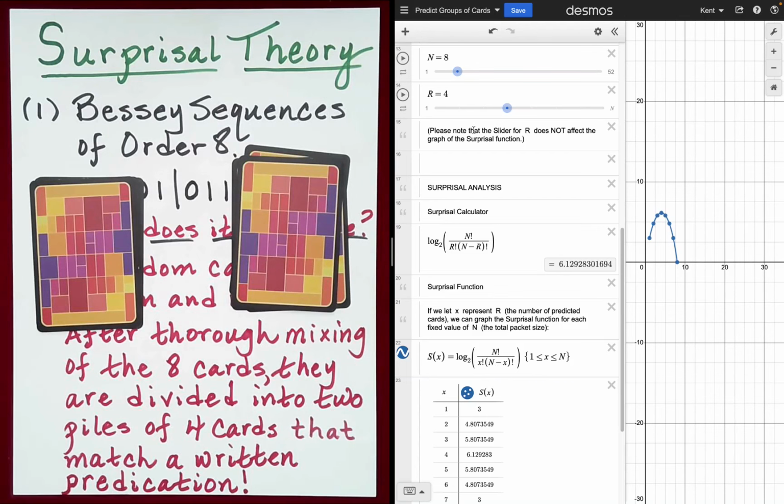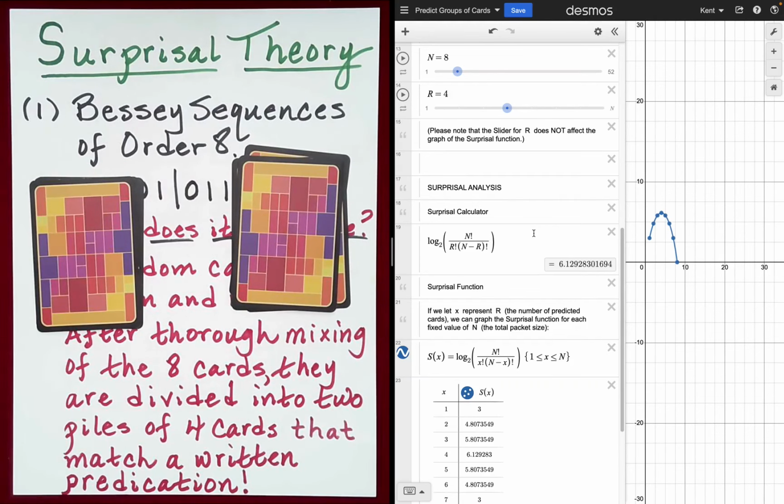So to be clear, N right now is set equal to 8 and R is set equal to 4. So with those 2 values, we find that the surprisal value for a Bessey sequence performance of order 8 is 6.13 bits. Once again, what does that mean?